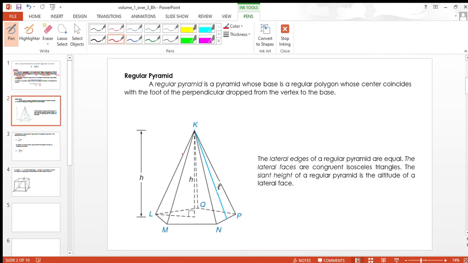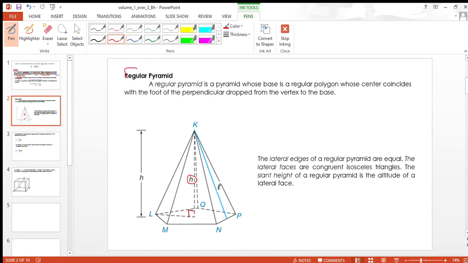If you connect this point to each of the vertices of the base, you form your lateral surfaces. And if you drop a perpendicular line from the vertex to the surface of the base, this is called your altitude H. Okay, so that's the description of a pyramid.